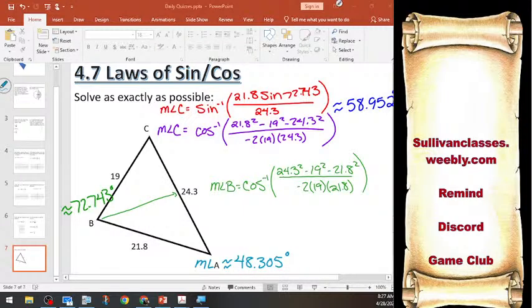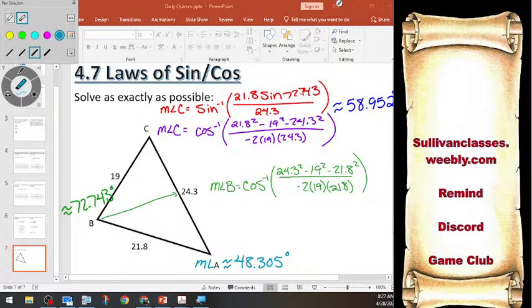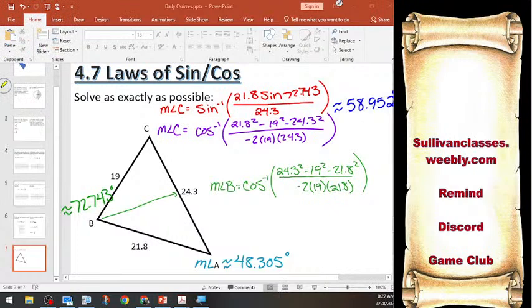So here's what I'm looking for. Because you could have started from any one of the angles and then proceeded to any one of the remaining angles, what I'm going to say is, whatever your first angle was, 1 for showing the formula setup, 1 for getting the correct angle.